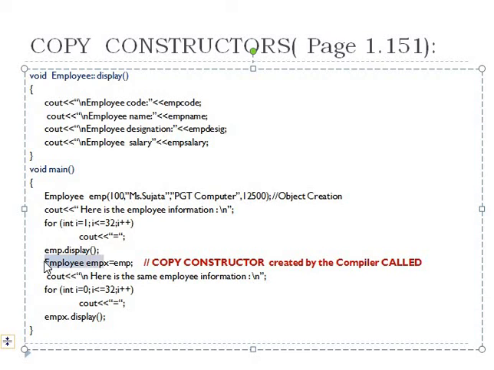At first the new object empx has been created out of this class employee, and then it has been initialized with the values from the old object emp, and that has been done with the help of this copy constructor, which has been created by the compiler first, and then it has been invoked, which does the copying of the values from the old object emp into the new object empx.